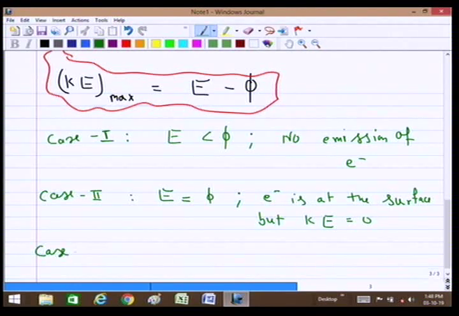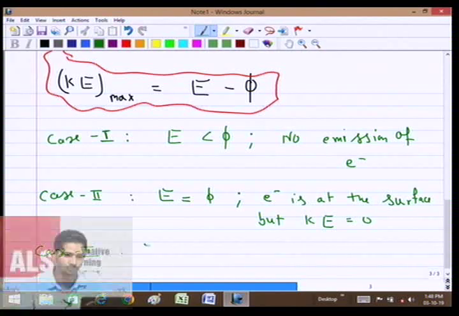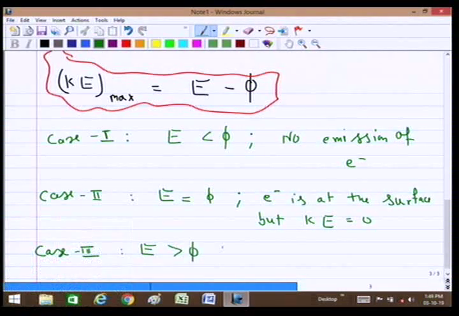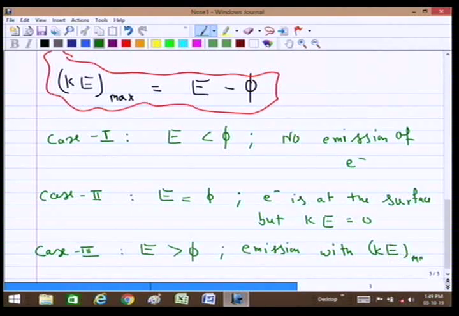Now, if I talk about case 3, E is greater than phi. Obviously, emission will take place with maximum kinetic energy. Any confusion or doubt in these 3 points?